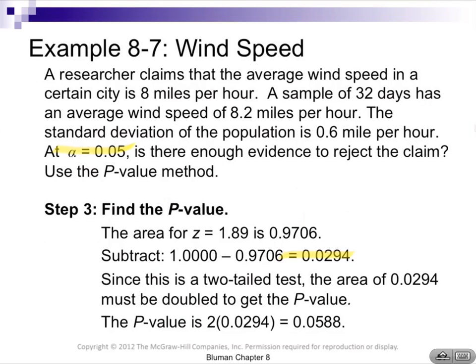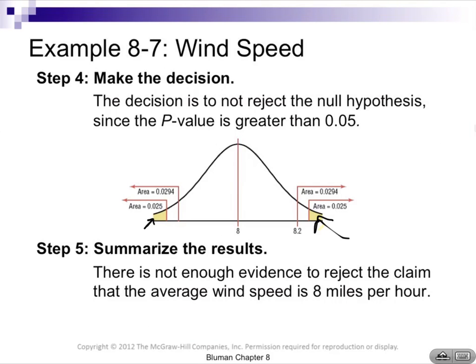That was right here, and that's what we calculated. So we've got our probability, our area. You're going to put that 0.0294 in each tail. So here's an area of 0.0294 here, and here's an area of 0.0294 here.